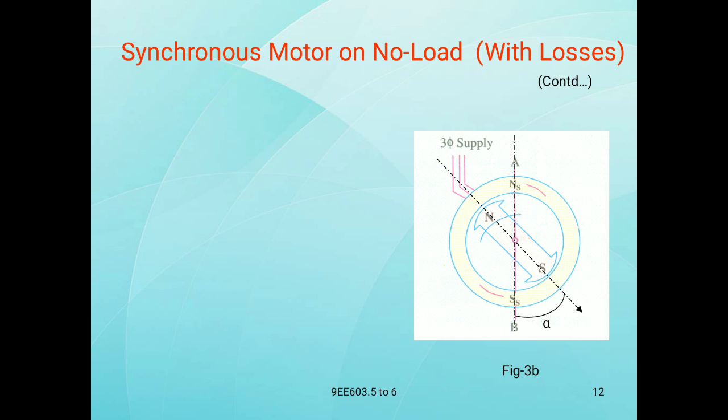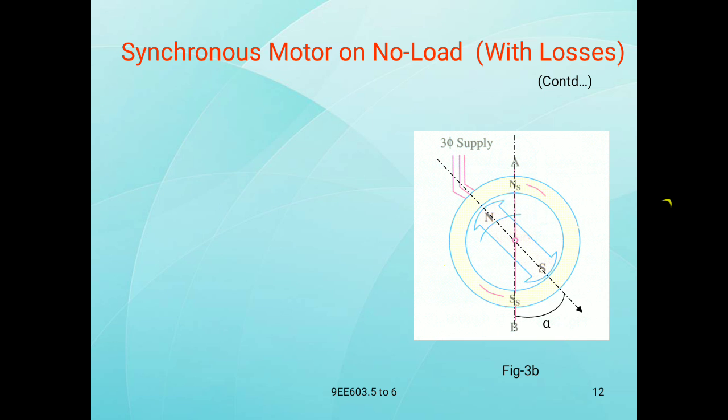Observe this: N S and N S mean the stator poles rotating at synchronous speed and the rotor north and south poles, which have fallen back somewhat from the synchronous speed of the stator, so there is a certain angle.